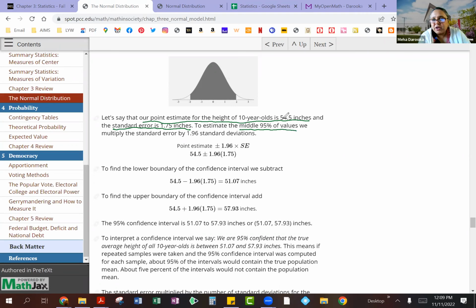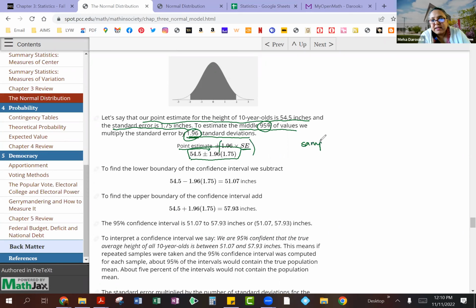So this is where we are talking about our confidence interval. You take your point estimate, or your mean, and then you add and subtract that 1.96, which is the exact standard deviation for the 95%, times your standard error, or basically your standard deviation for this specific sample. So that's your calculation over here.